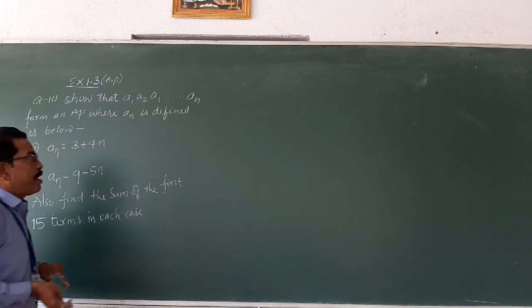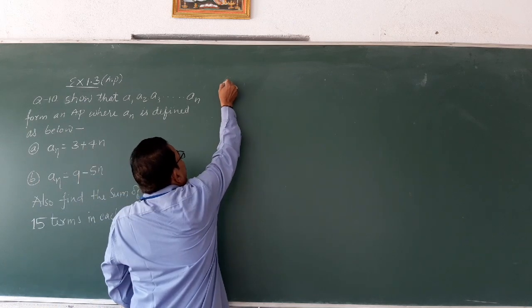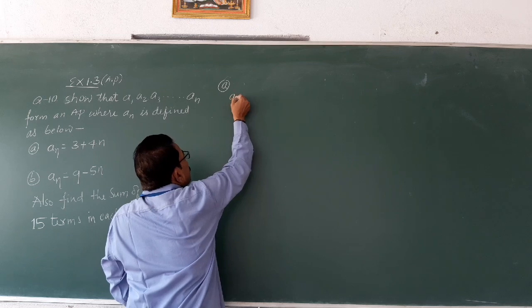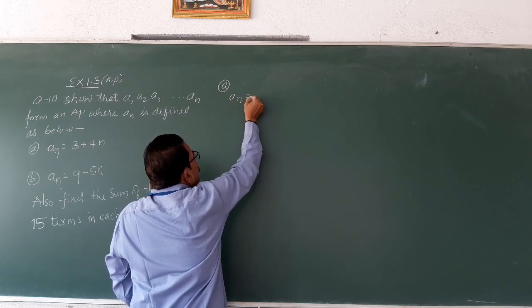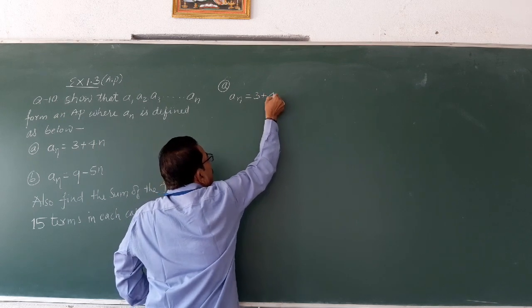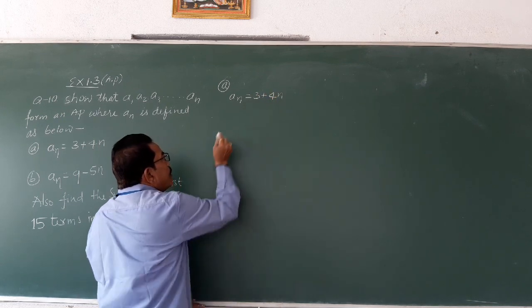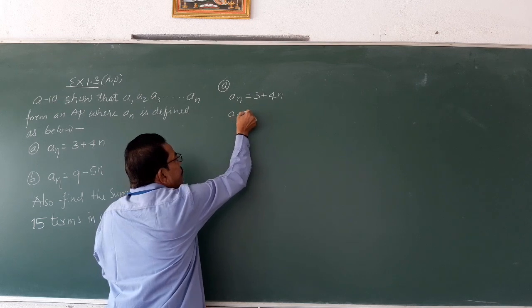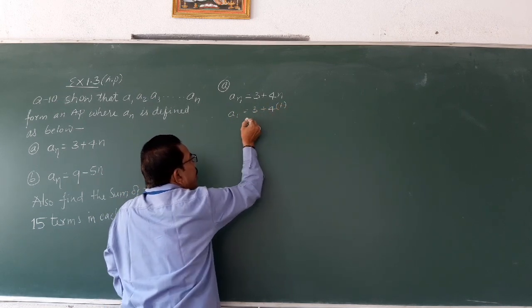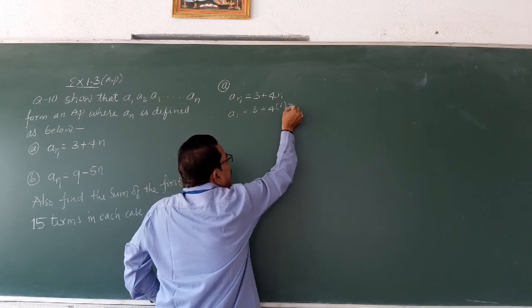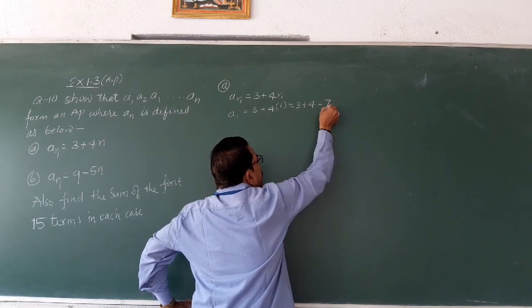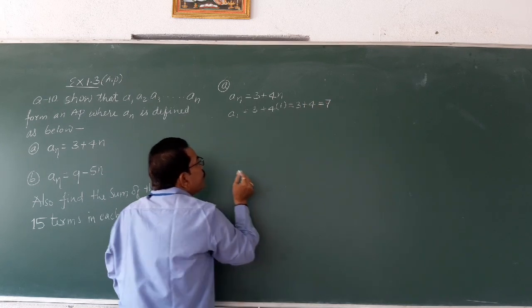Okay, case 1a, let us solve. an equals 3 plus 4n. First find a1. 3 plus 4 into 1, that is 3 plus 4, which equals 7.